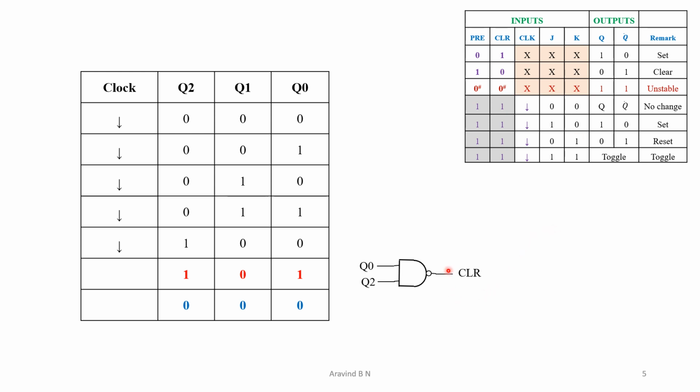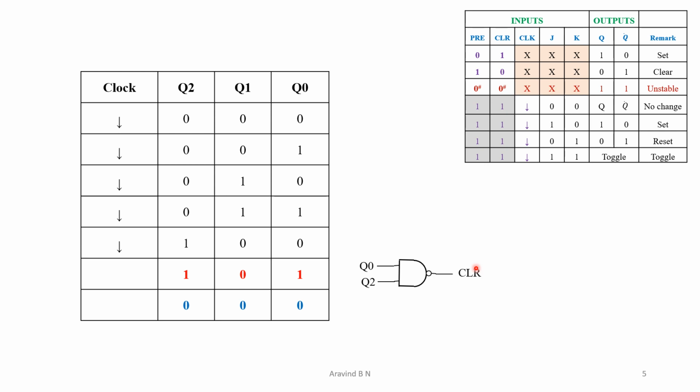Whenever we are working with an active low signal, it is always required to make use of only the NAND gate as the logical gate operation. So this is the first condition.